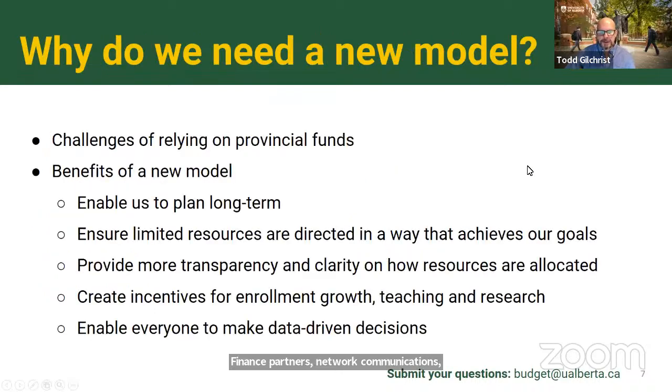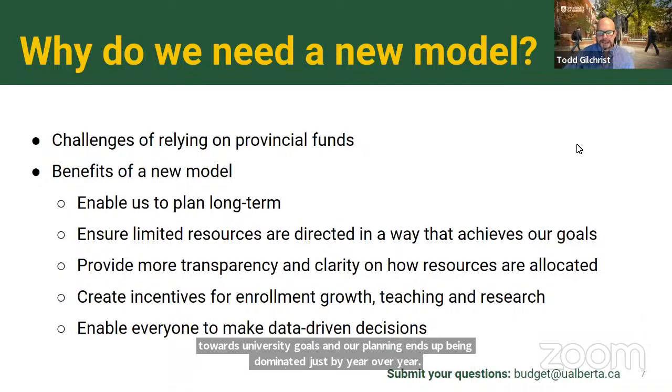The model also leaves portfolios and academic units, or that old model of funding, I'll say, with the heavy reliance on government grants, leaves those portfolios overly exposed to funding shocks, like what we have experienced since 2019-20, and it limits our capacity to conduct long-term planning towards university goals, and our planning ends up being dominated just by year-over-year changes in government grants.